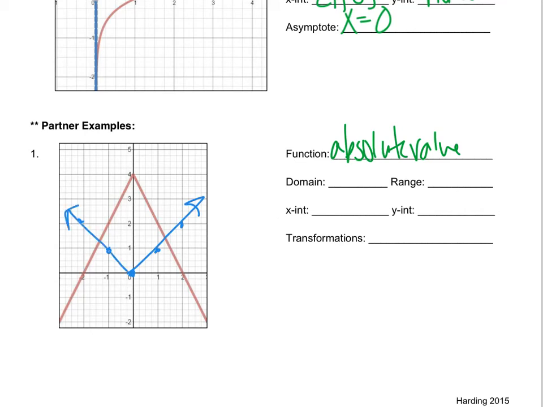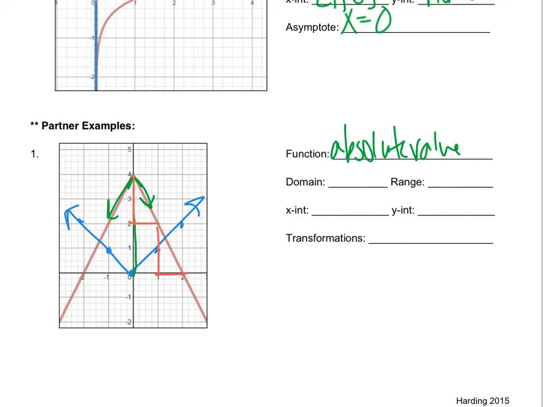So first of all, our vertex, we went up 4. We are now also opening down, and in the parent function we went up 1 over 1, but in the new function we went down 2 over 1. Down 2 over 1. So that is definitely going to change our equation.